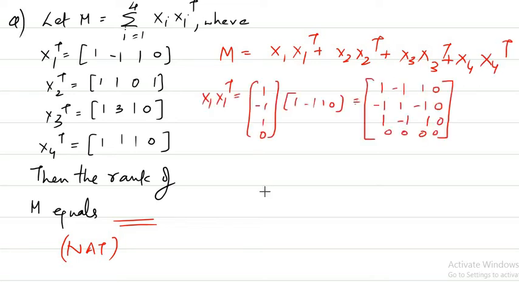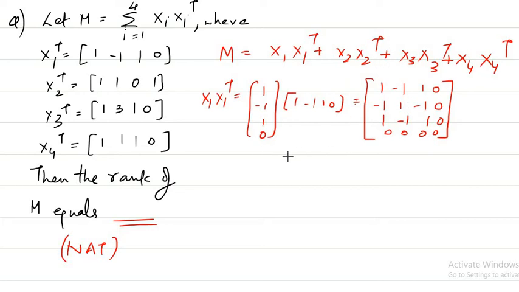You can see here, if I find x1 times x1 transpose, I get something like this. Something similar we have done now, right? And you know the rank of this matrix is 1. But if I find x2 x2 transpose and all those things, it will take a lot of time.